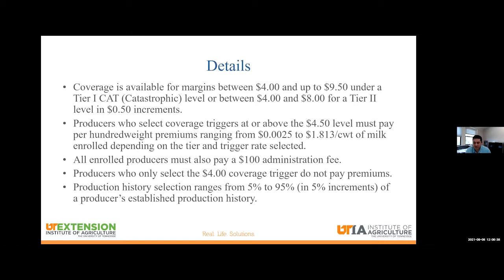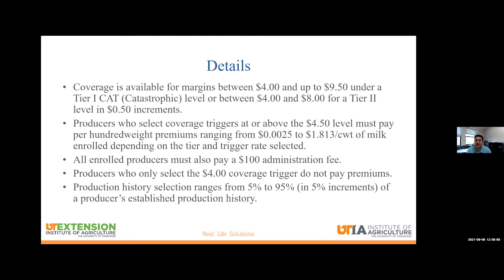All enrolled producers must pay a $100 administration fee, and we'll get into how sometimes that is waived. And producers who select $4 coverage as their trigger point don't have to pay the premium. And then the production history selection ranges from 5 to 95% in 5% increments of a producer's established production history.